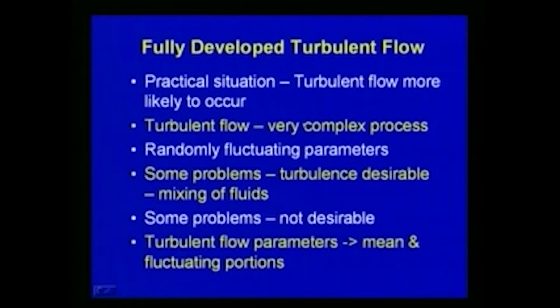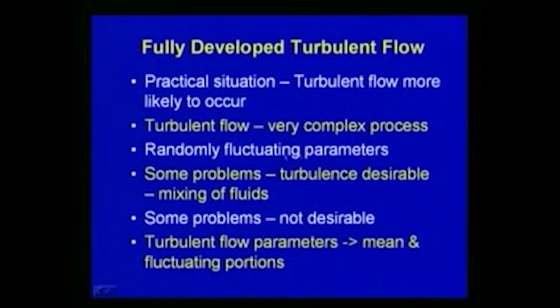As we discussed in our earlier chapter on turbulence, we have discussed the details about turbulent flow. We have seen that it is a very complex process, and we have to take care of the flow situation with respect to a mean value and a fluctuating component.